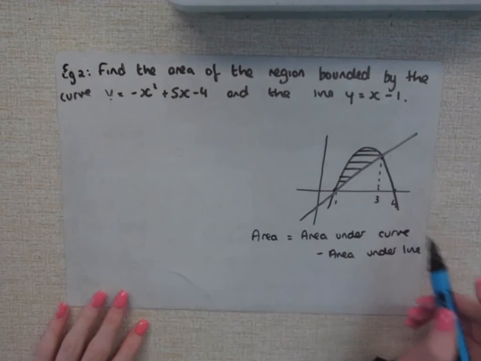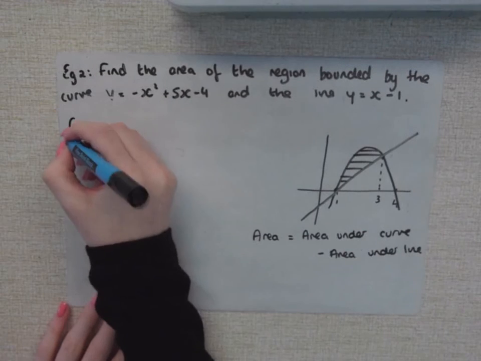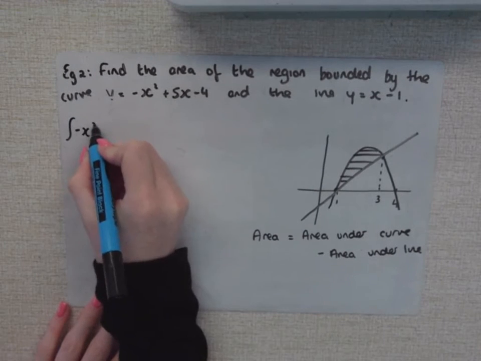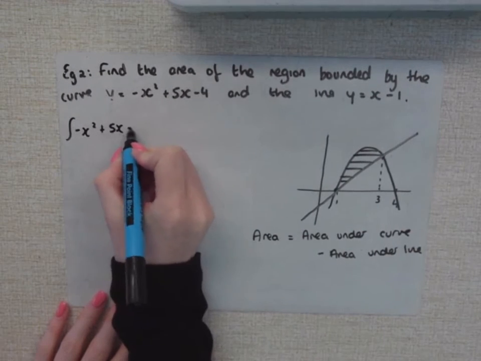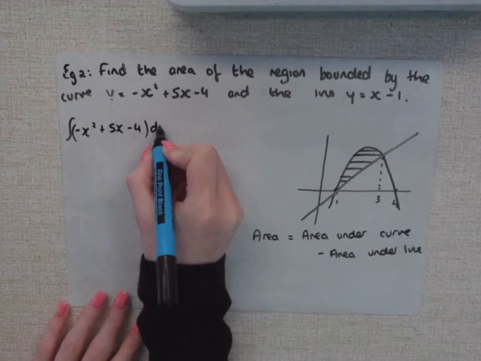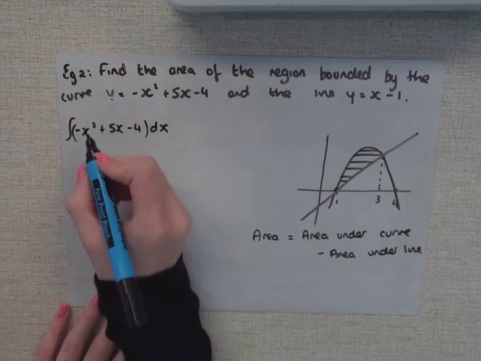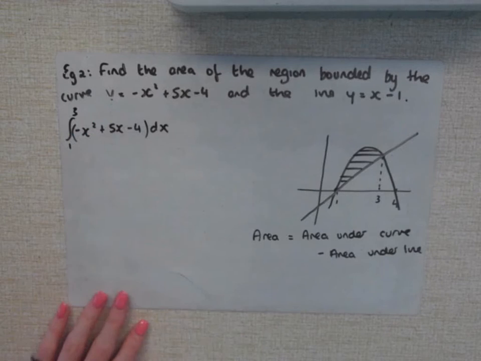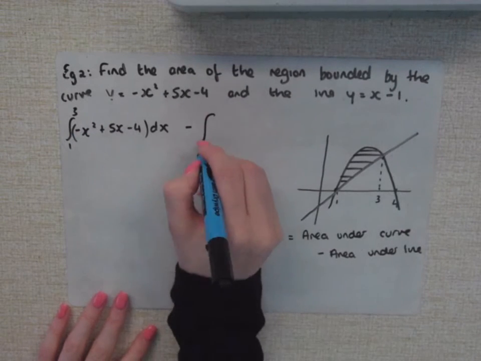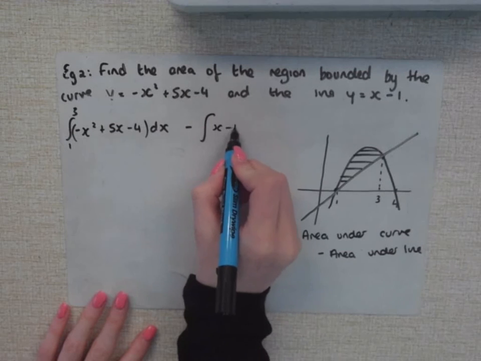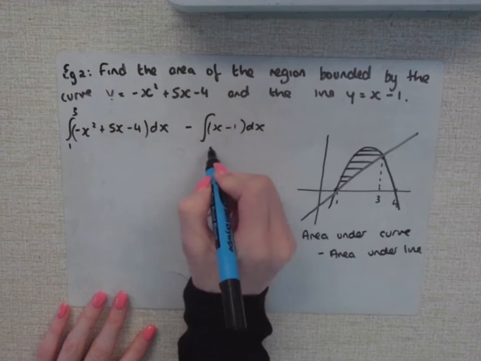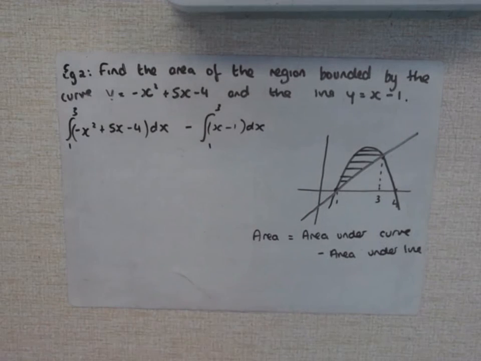So I know it's the area under the curve, so that means integrate the curve from 1 to 3, and I'm taking away the area under the line, so that means integrate the line from 1 to 3.